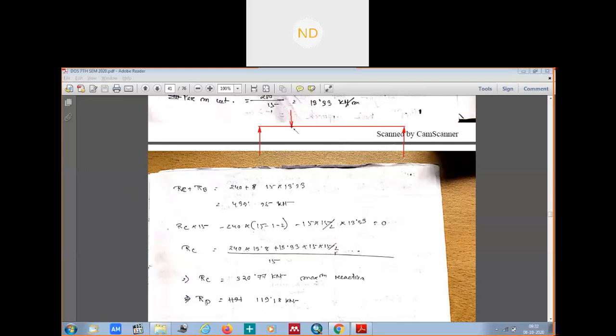The trolley is at a minimum distance, we know the minimum hook approach. We know the span of the crane girder. This is our UDL here. This UDL is how much? 13.33 kilonewton per meter.